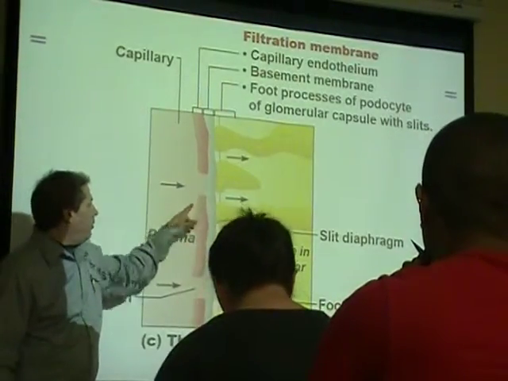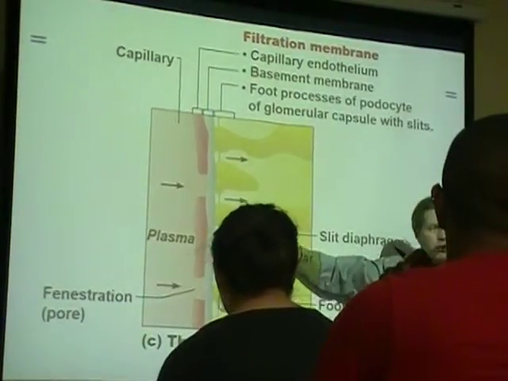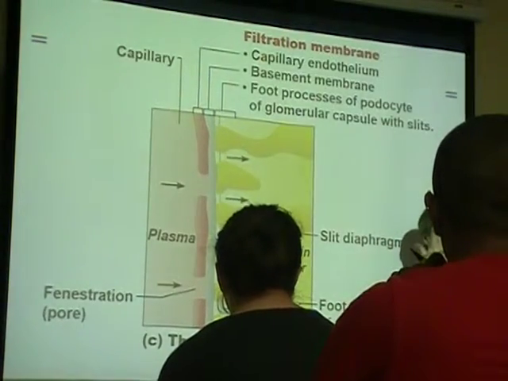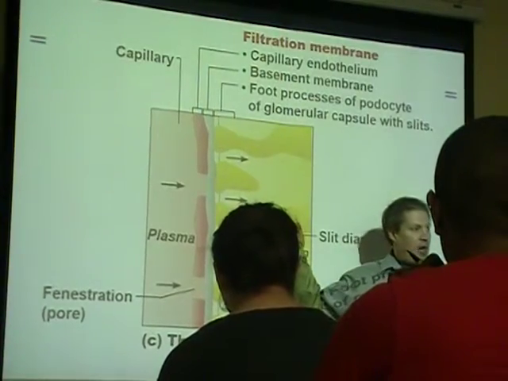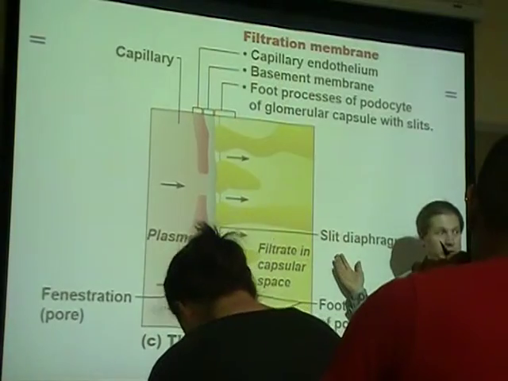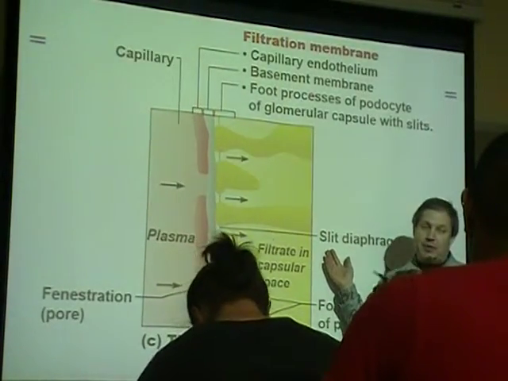What if there are ways to take our foot processes here and make them go from, say, this, to this, close them down? What if we did that? Do you think that would help significantly, keeping the filtrate from being formed, keeping urine from being formed in great volume? And we always have to produce urine, we can always do that.